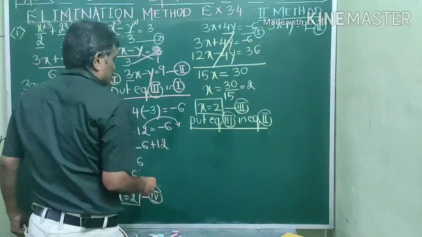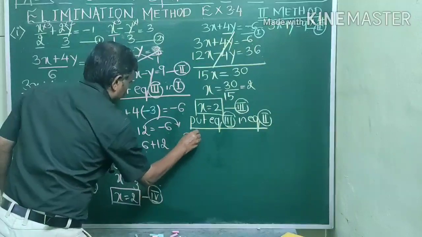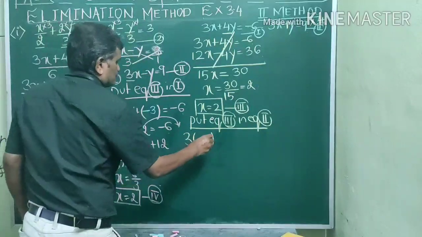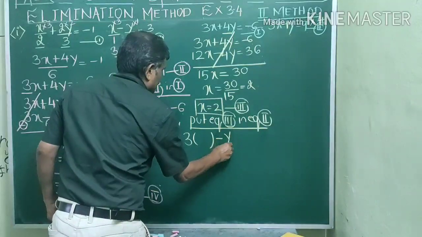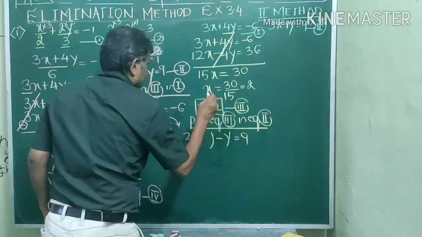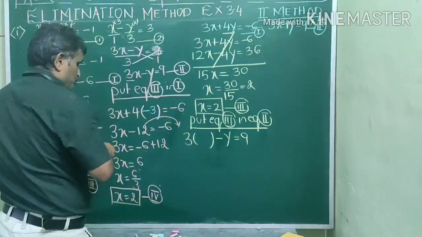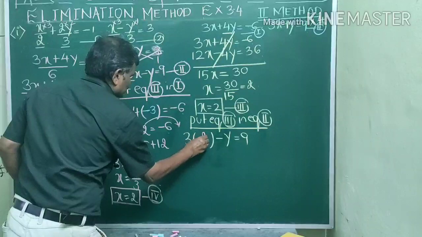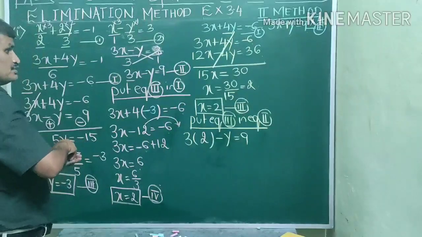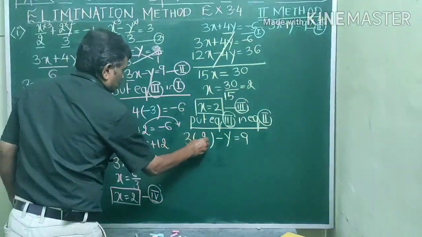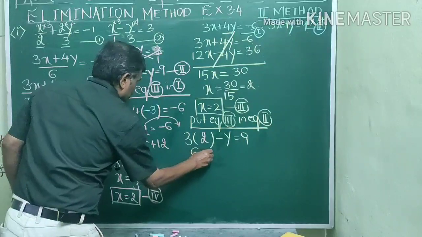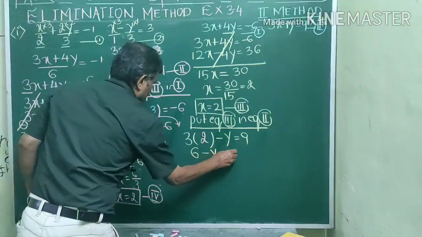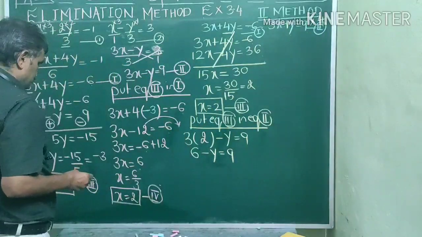In that case, what happens is 3 into bracket, wherever x is there, you put the value of x as 2. Then 3 2s are 6, minus y is equal to 9.